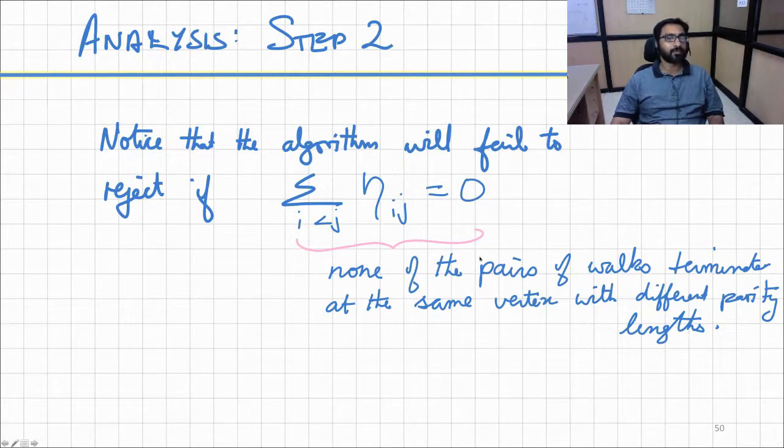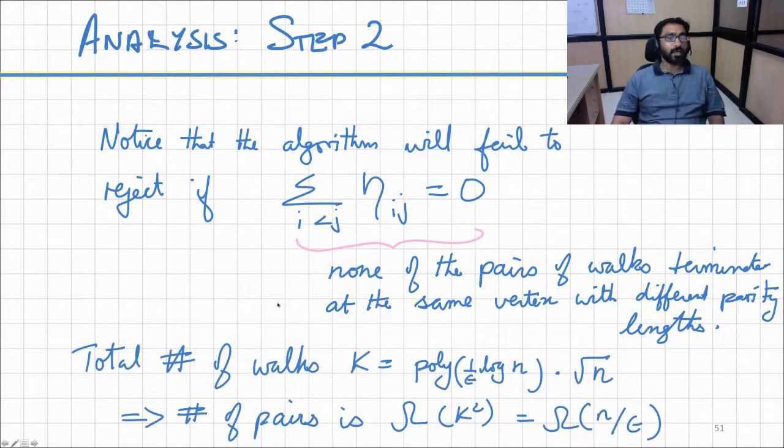So we've not been able to find any evidence that the graph is not bipartite, which means that we will fail to reject. And remember, this whole analysis is under the assumption that the graph is actually far from being bipartite. So this would be the bad event. If this event were to occur, then our algorithm is incorrect. And so we need to ensure that the probability of this event is small.